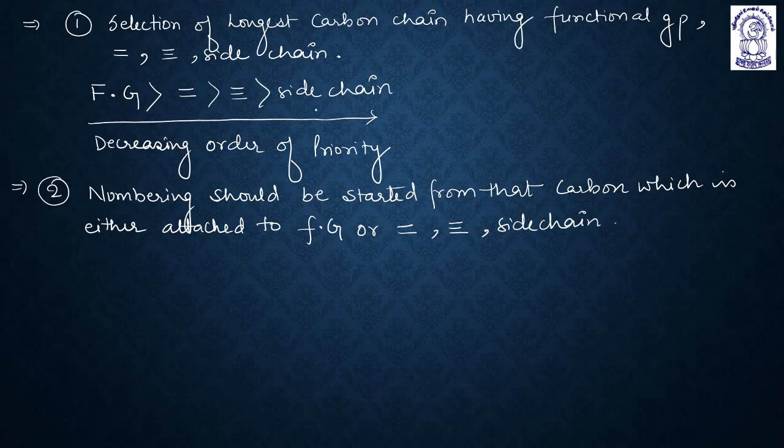But we have to keep the above rule in mind. Okay. The first rule is selection of longest carbon chain having maximum number of carbon atoms. Okay. Then the numbering should be done from the side which is nearest to the functional group or the multiple bond or the substituents. Okay.